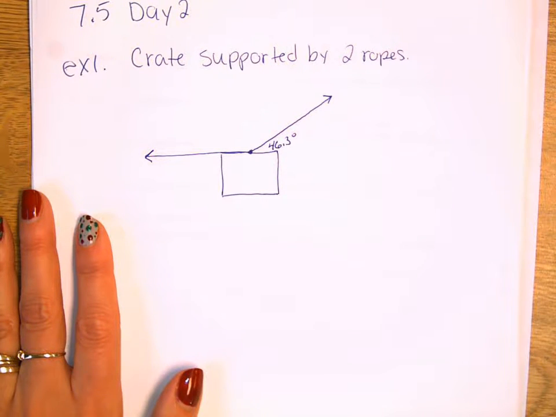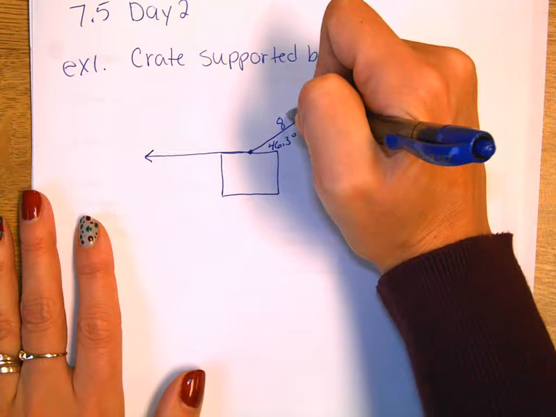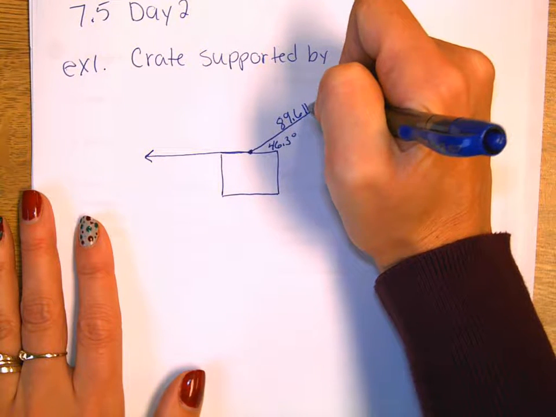Let's see, one rope has 89.6 pounds of force on it.